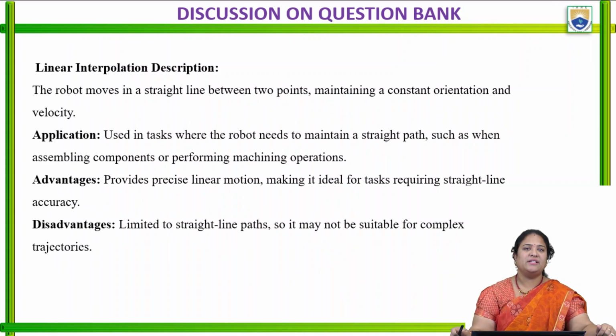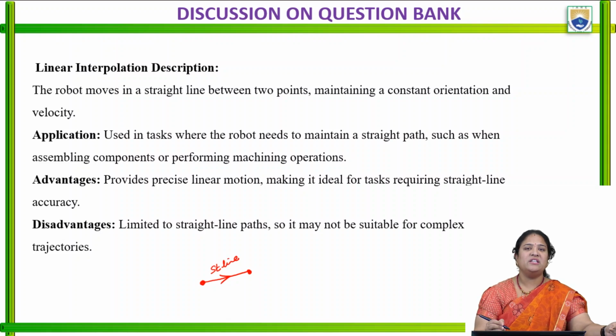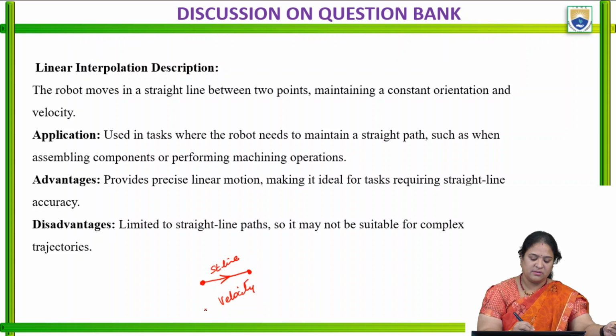Next, moving on to the next type of application, is the linear interpolation description. What do we mean by linear interpolation description? Here in the linear interpolation movement path control system, the robot will be moving in a straight line between 2 points, maintaining a constant orientation as well as velocity.